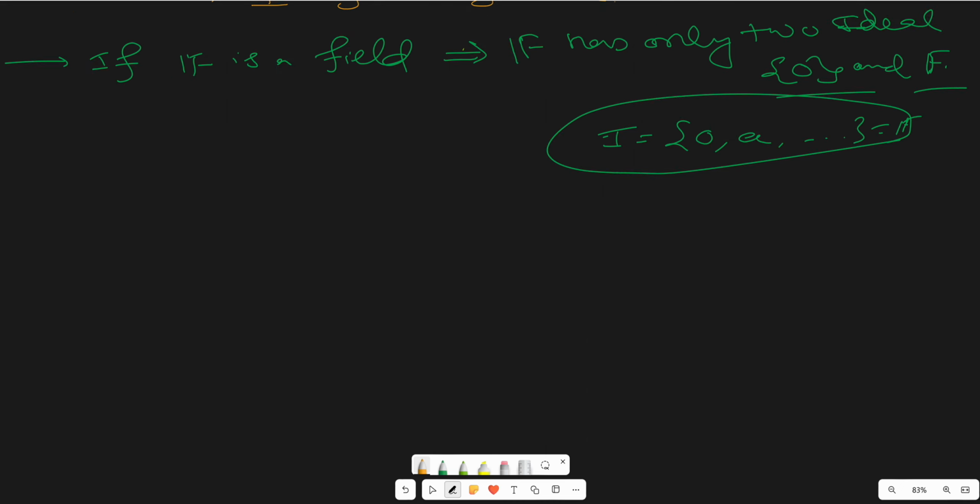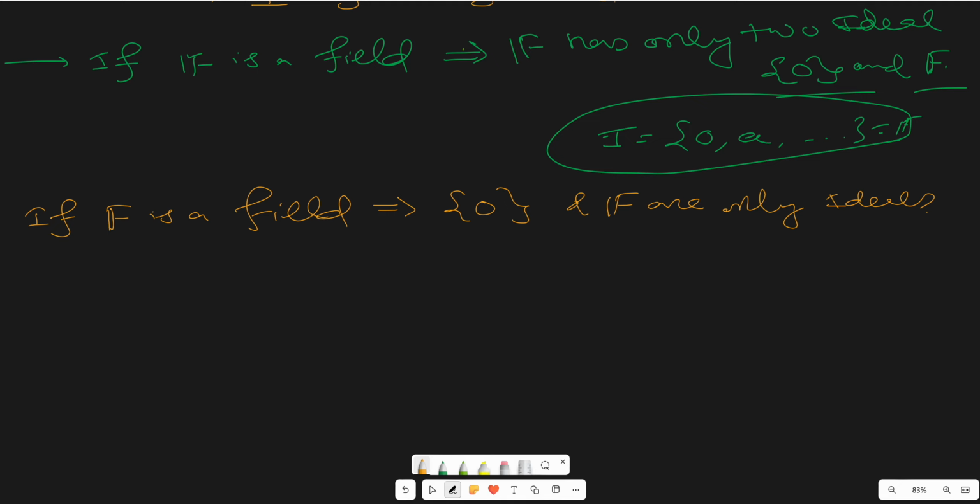If F is a field, this implies that 0 and F are the only ideals.